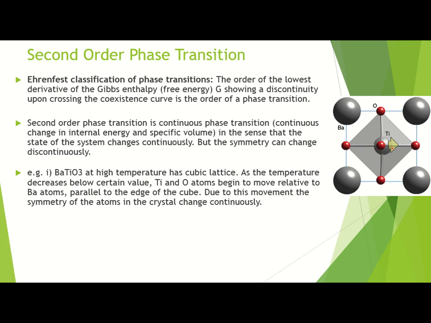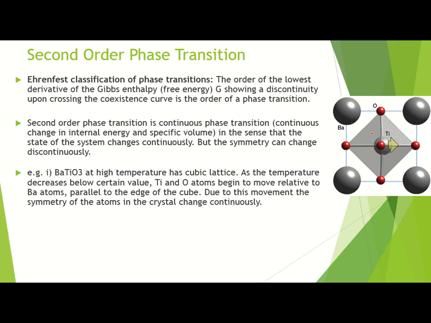And at the center of the unit cell you have titanium. So you can think of it as a combination of simple cubic barium plus face centered oxygens and body centered titanium. That is the kind of unit cell we have.